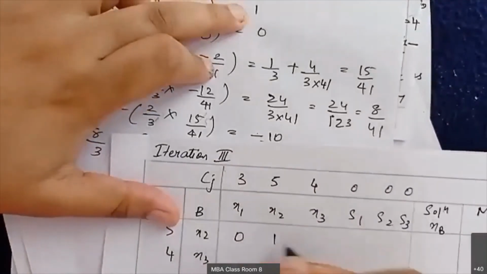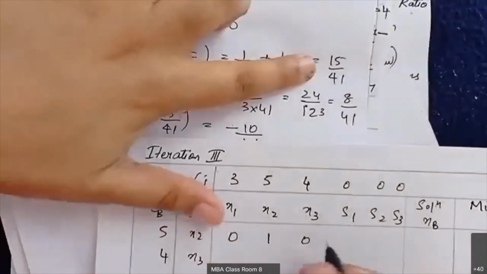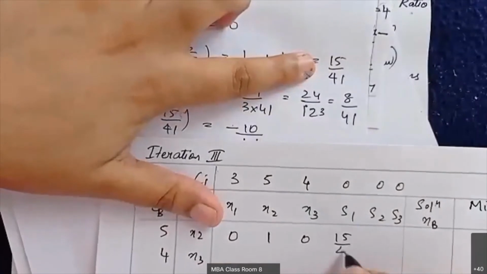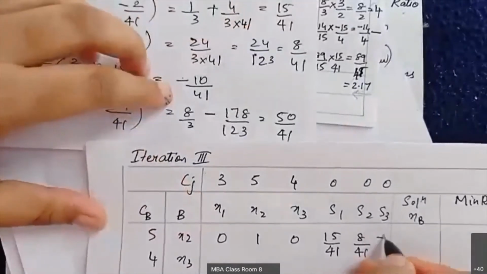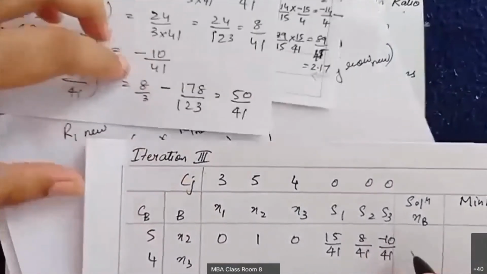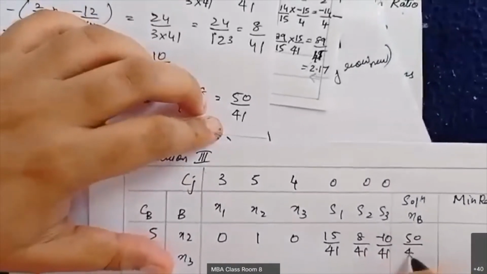Now quickly write down the new values of R1, R2 and R3. R1 new is given over here. Okay, these are the new values of R1. That is 0, 1, 0, then 15 divided by 41, 8 divided by 41, minus 10 divided by 41, and 50 divided by 41.